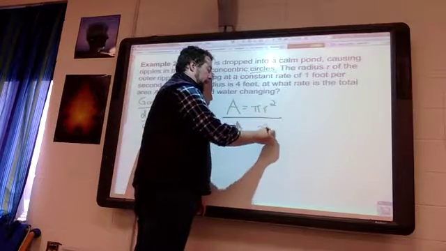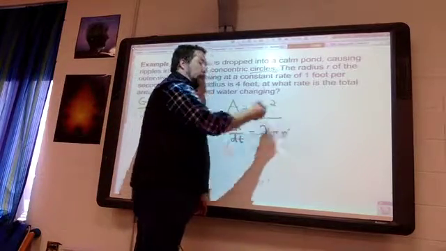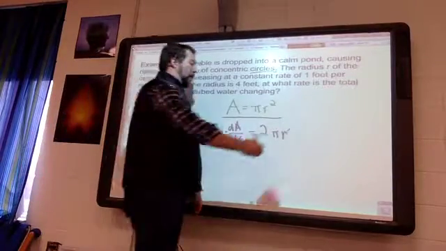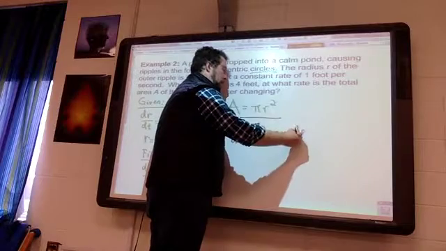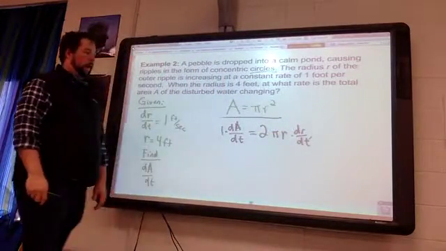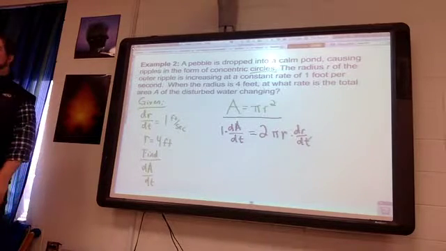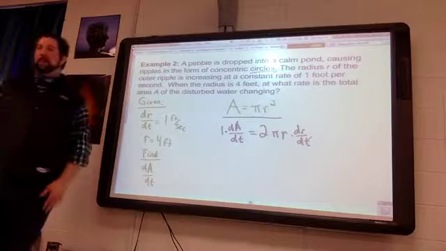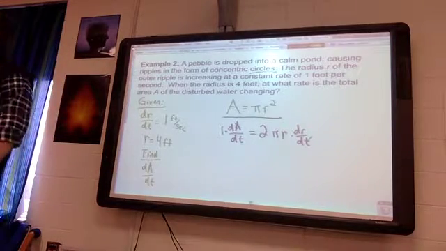So that's 2 pi r to the first. But since we took the derivative of r, we also need to write in dr dt. So the derivative of the area is the circumference times the rate of change of the radius.